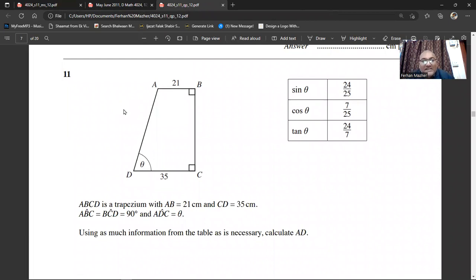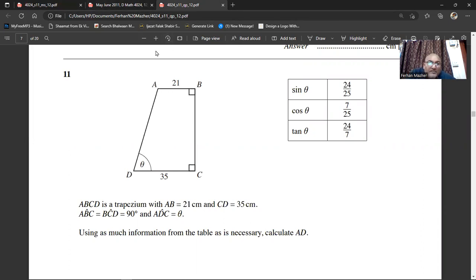Question number 11, he says ABCD is a trapezium with AB 21 centimeters, CD 35 centimeters, angles ABC and BCD are both 90 degrees, and angle ADC is theta. Using as much information from the table as is necessary, calculate AD.